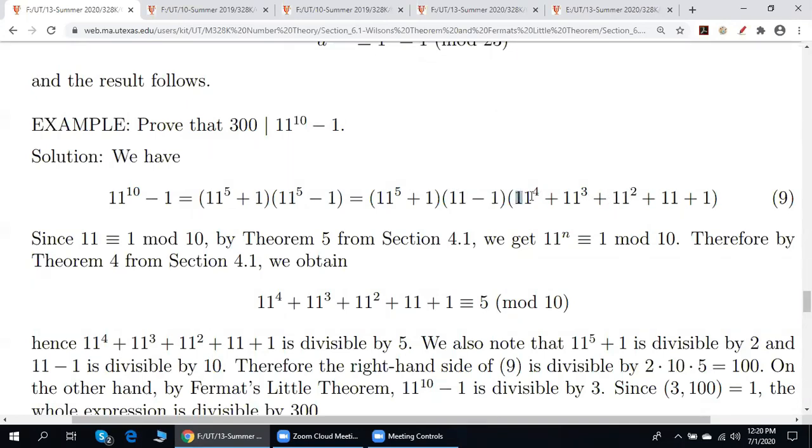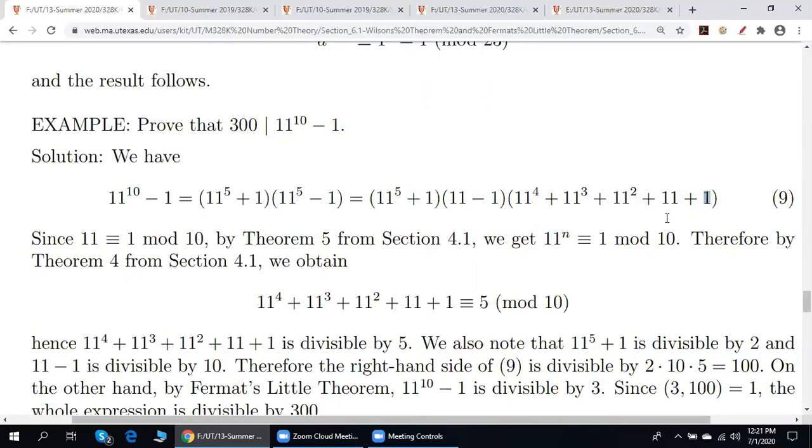Let us show that this is divisible by 5. Well, an easy way to show it is the following. Note that if we raise 11 to the 4th power, the last digit will be 1. Similarly, the last digit is 1 here, here, here, and here.